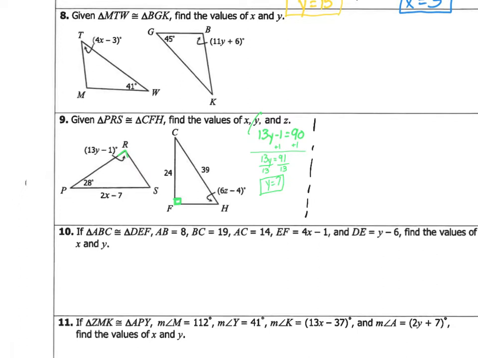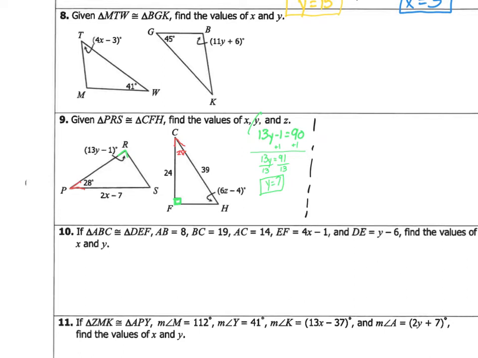Okay. Angle P is the same as what? Angle C. We know that's 28. So now there's two ways you can figure it out, actually. We know that this is 90, and that's 28.